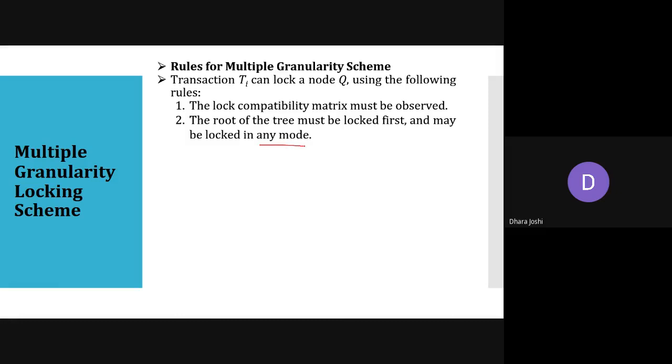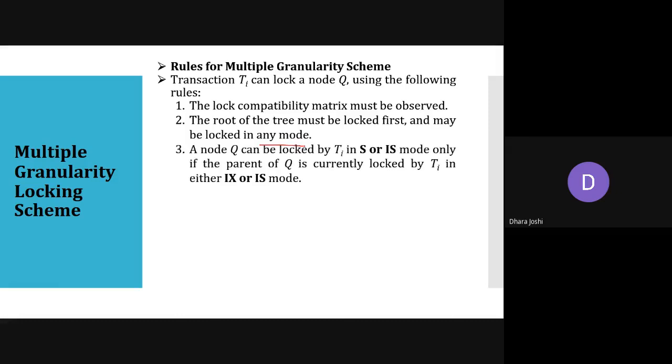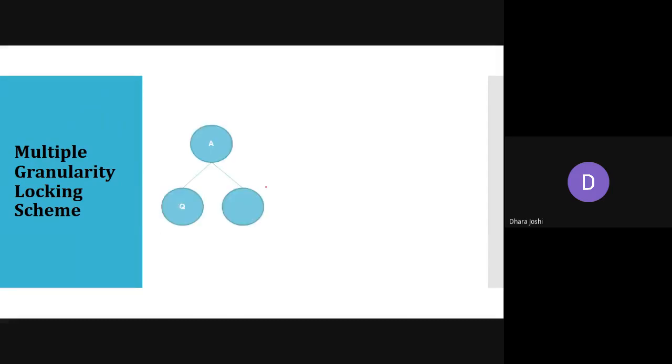We have 5 types of locking. Third rule: node Q can be locked by any transaction in shared or intention shared mode only if the parent of this particular node is currently locked by the same transaction in these two modes. What does it mean?